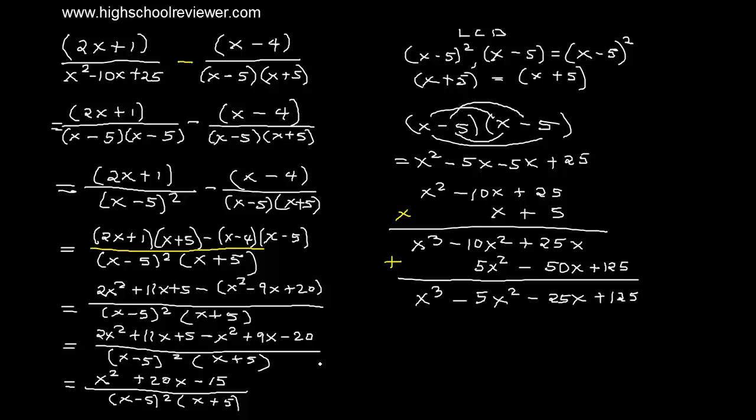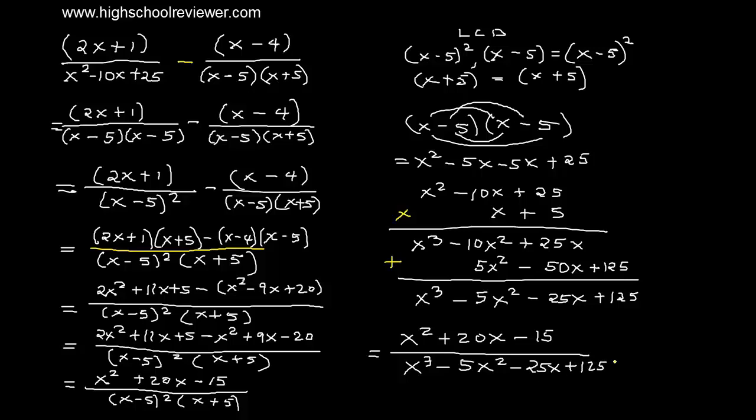So this one now, our final answer here, this will be x squared plus 20x minus 15, all over, for our denominator, this will now be x raised to the power of 3 minus 5x squared minus 25x plus 125. This is now our final answer.